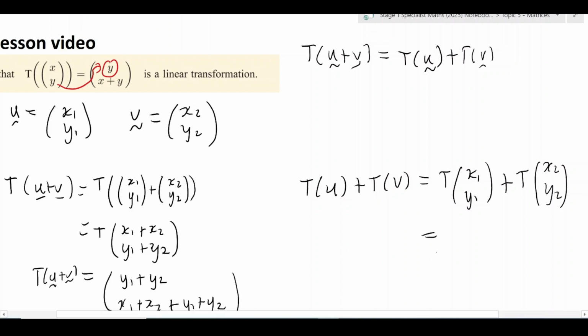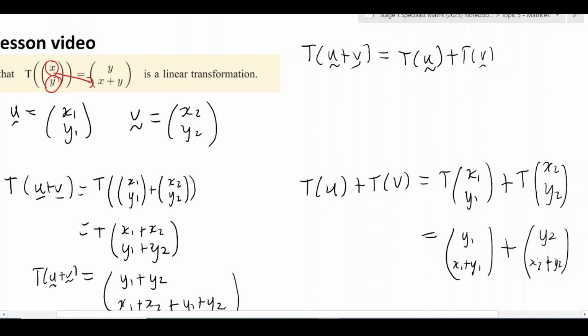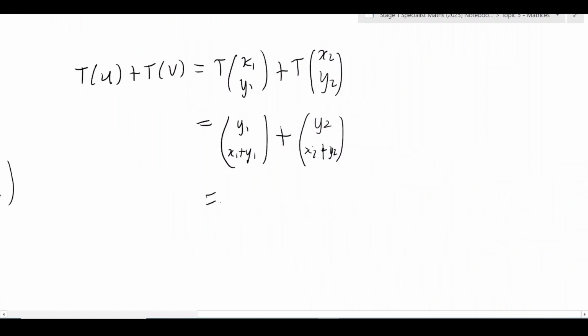So let's look at what we're going to get here. The bottom thing is y1 here, that goes up the top. Next time, the bottom thing is y2, that goes up the top. Now, to get the thing on the bottom, it ends up being those two things added together. So those two things are x1 and y1, and then on this one, they're x2 and y2. Very weird. But that's the definition of what T does.